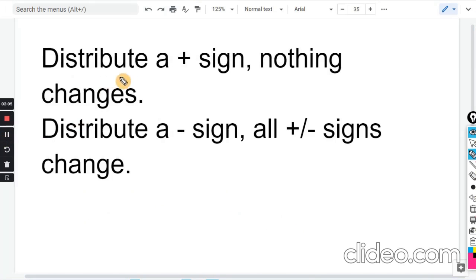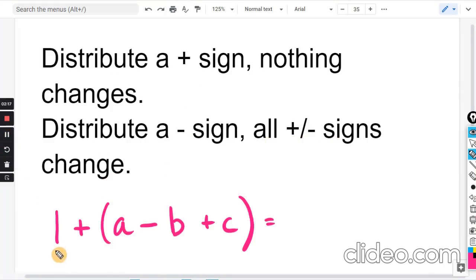Okay, and finally, if you distribute a positive sign, nothing changes. But if you distribute a negative sign, all plus or minus signs change. So if you had 1 plus parentheses a minus b plus c, you're distributing a positive sign and nothing changes, okay?